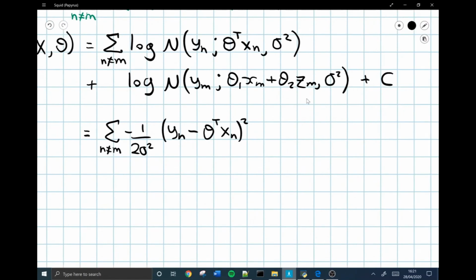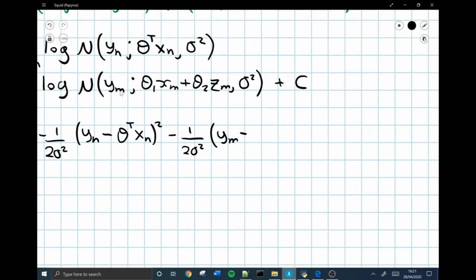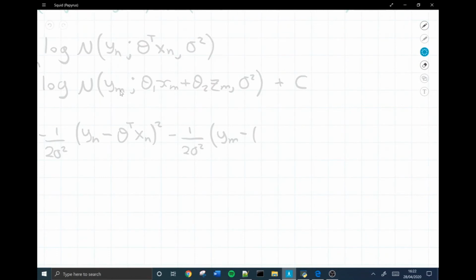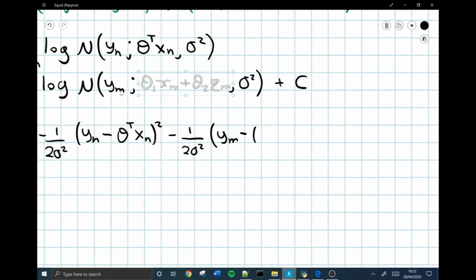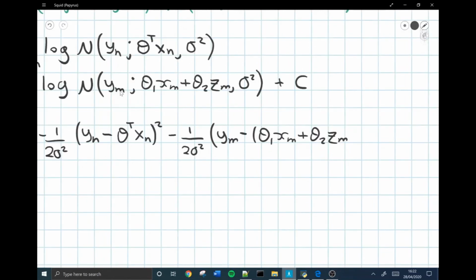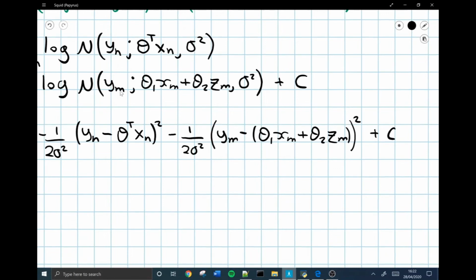Then for this here, we're going to have a minus 1 over 2 sigma squared multiplied by now ym as the argument, minus the mean, which in this case is all this stuff. Squared. Plus our constant.